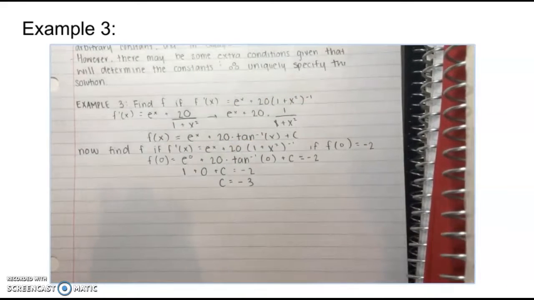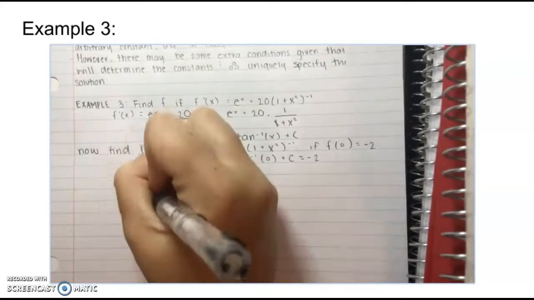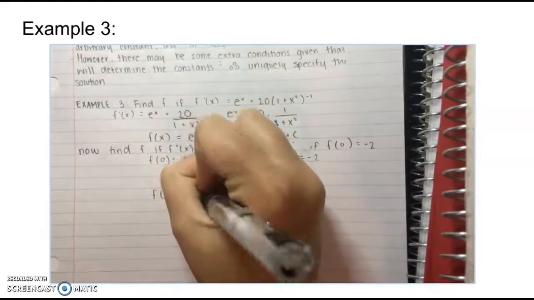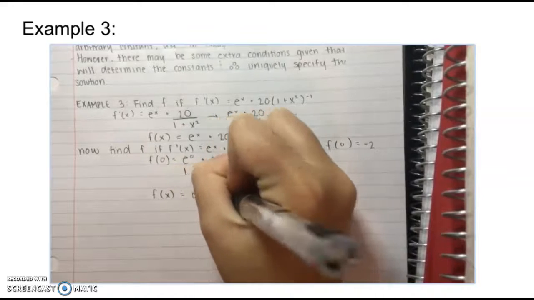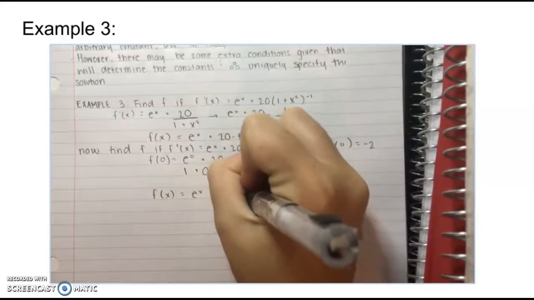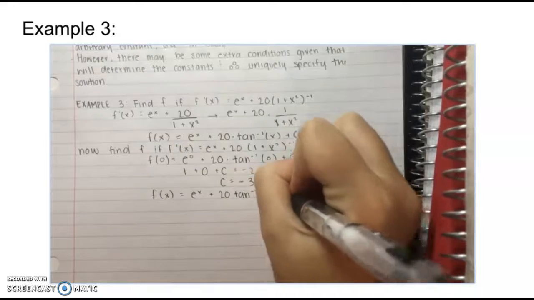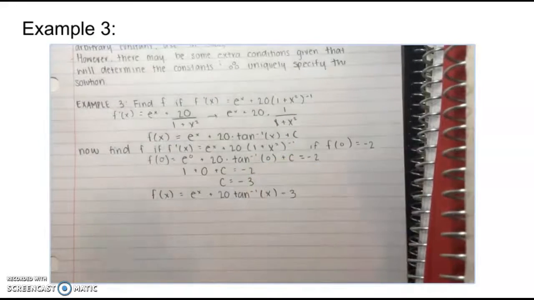Now, to get the final equation, we should plug it back in. So we get f of x equals e to the x plus 20 times inverse tan of x minus 3.